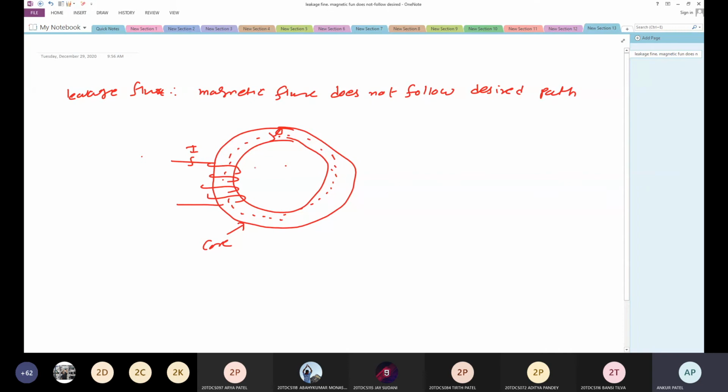Now some of the flux that is flowing in the magnetic core will be like this.